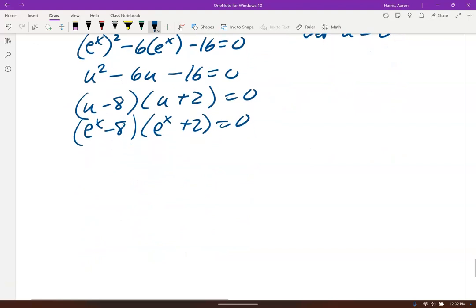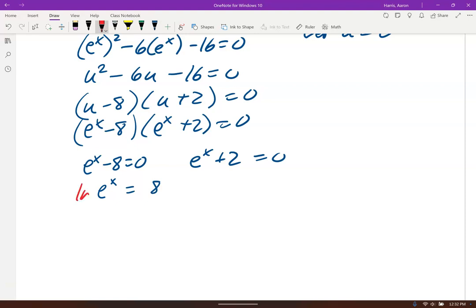So we got e to the x minus 8 equals 0, e to the x plus 2 equals 0. Add 8, and let's undo e with the natural log. The ln of e to the x is x, so we have x equaling the ln of 8. Plug that into the original, that'll be okay.